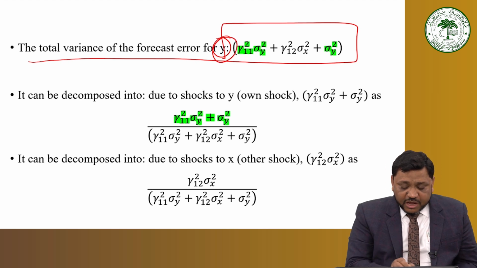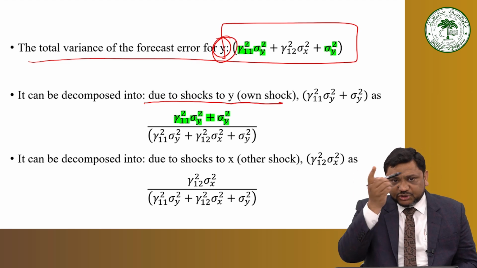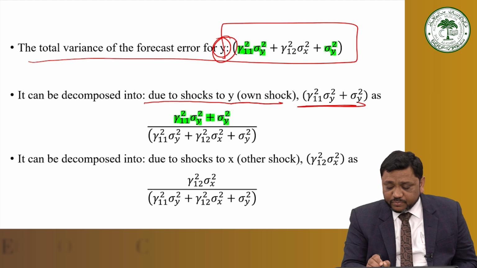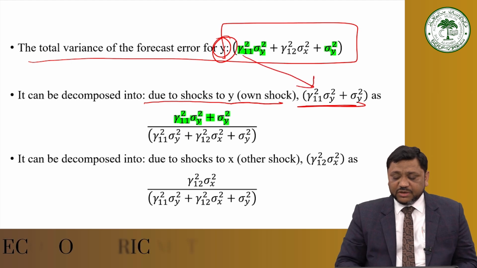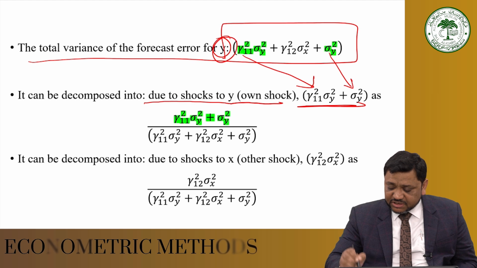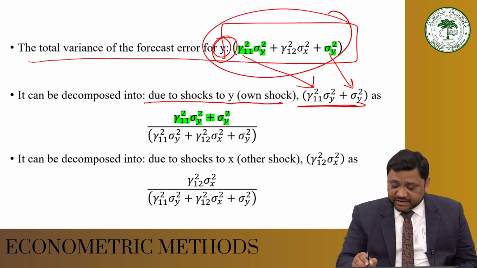Now see, we decompose it due to shock to y, that is own shock. We are seeing the shock of y on y. So this we can write as gamma 11 square sigma square y plus sigma square y, divided by this entire term.